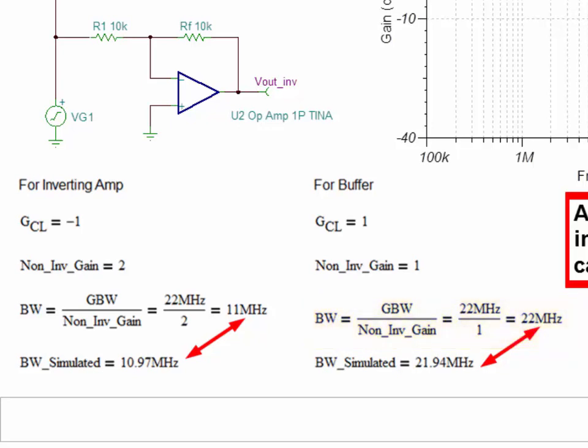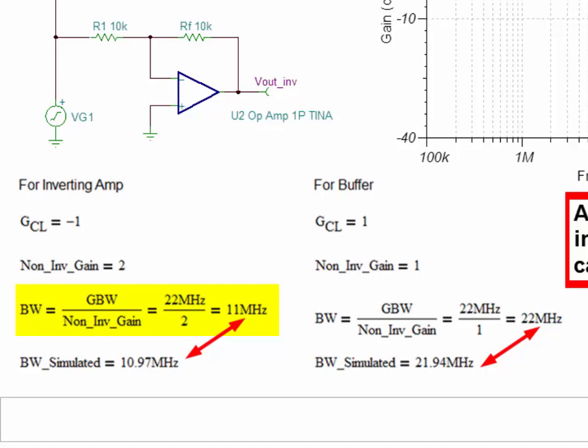On the other hand, the bandwidth of the inverting amplifier, U2, is calculated using the non-inverting gain. The gain with respect to the non-inverting input is calculated as RF divided by R1 plus 1, which is 2 in this example. So the bandwidth of the inverting amplifier is 22 MHz divided by 2, which is 11 MHz.